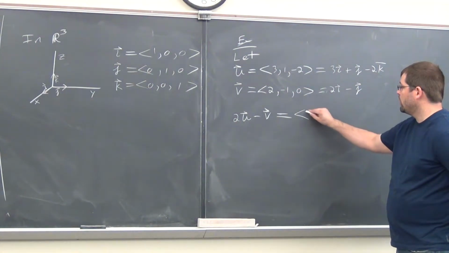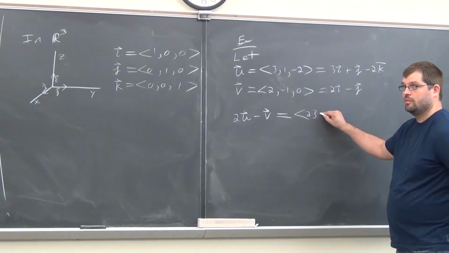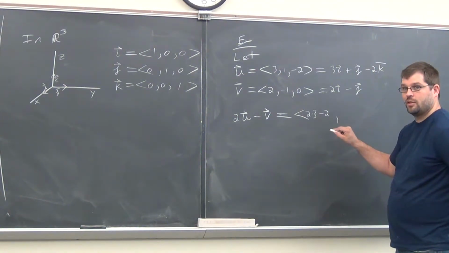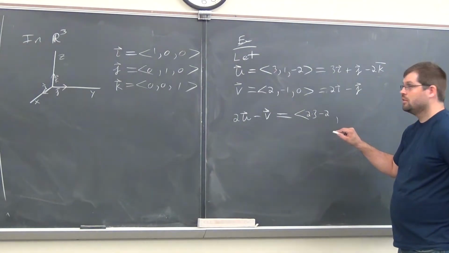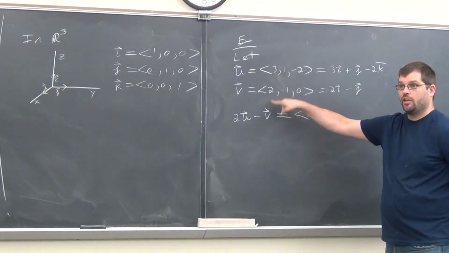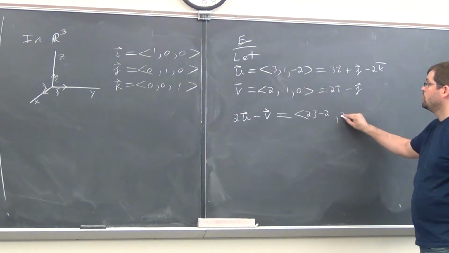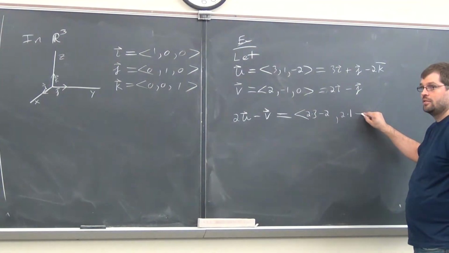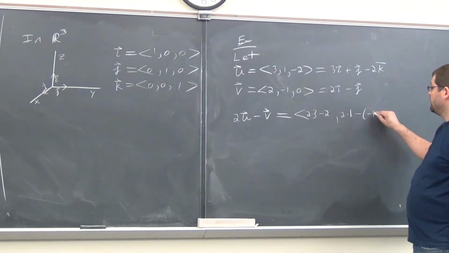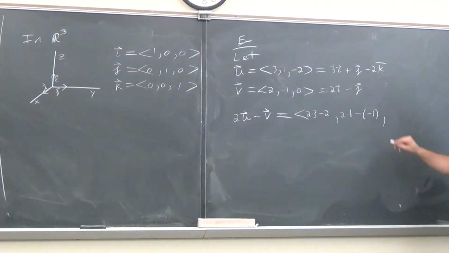So I'll get 2 times 3 minus 2, that's the first component. 2 times the u value and then minus that, and then 2 times 1 minus negative 1. And then 2 times negative 2 minus 0.